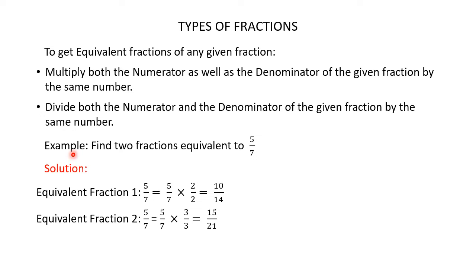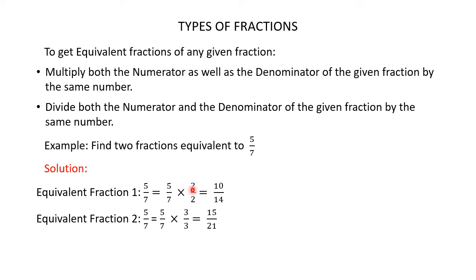Let's understand this with an example. Let's find two fractions equivalent to 5/7. To find a fraction equivalent to 5/7, you have to multiply both the numerator and the denominator of this fraction by the same number. So first let's multiply both the numerator and the denominator by 2.